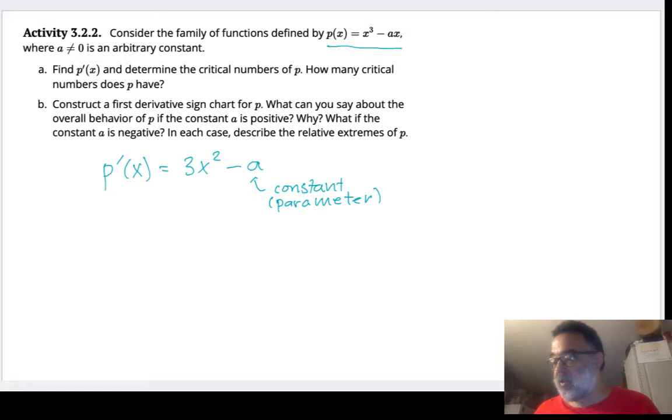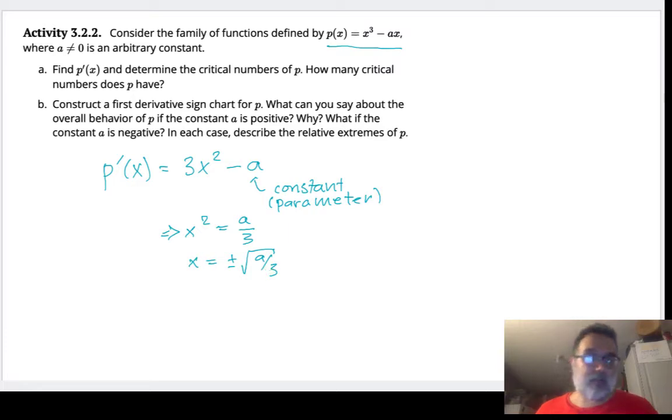Okay, so when is this equal to 0? When x squared is equal to a over 3, so x equals plus or minus square root of a over 3. I could have put a couple extra algebra steps in there, but I'm not worried about it.